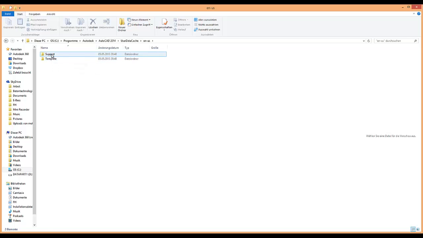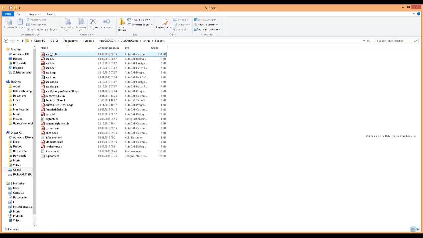So you want to go into the support folder, and there you have all the files for the line types and the font types, and also the hatch patterns, which is the one we want to concern ourselves with. The ones for the hatch patterns are those with the ending PAT.